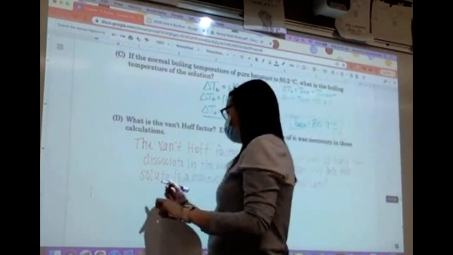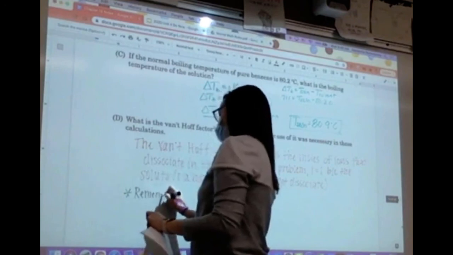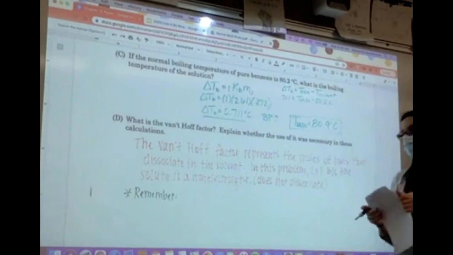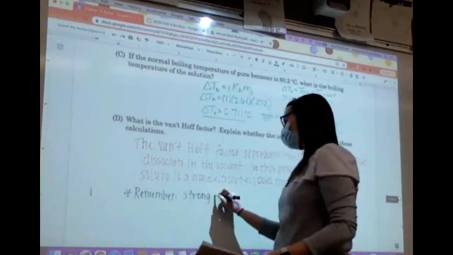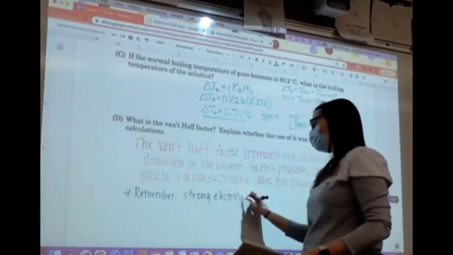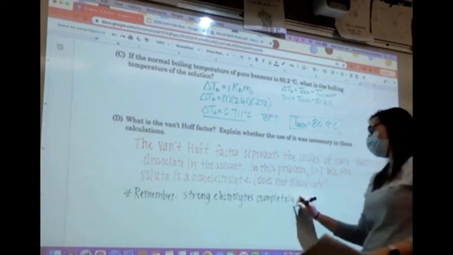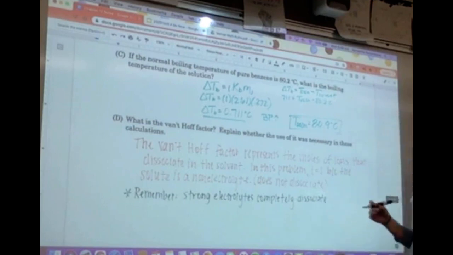Now, here's maybe the most important thing that we're going to write down on this entire example. Something that we need to remember from chapter 4, which is part of summer work. Strong electrolytes completely dissociate. So strong electrolytes are the ones that completely dissociate. These are the ones that are going to have values other than 1. Now you look at this and you're like, well, I don't remember what strong electrolytes are.